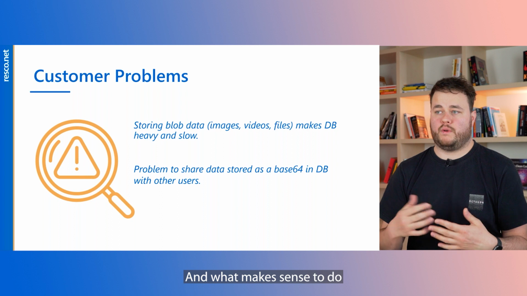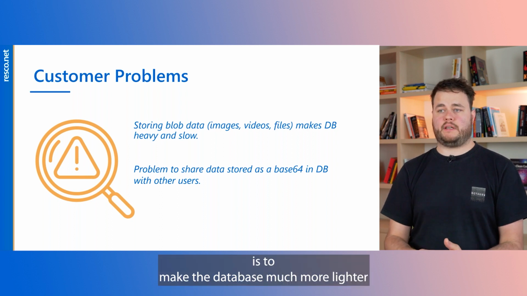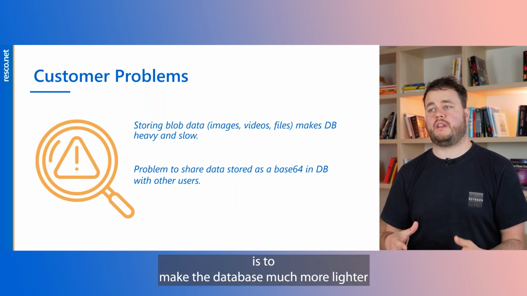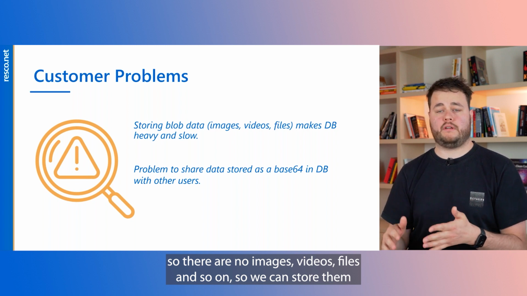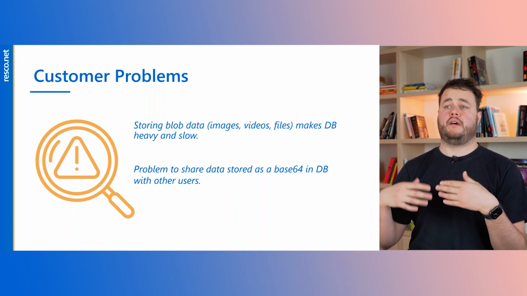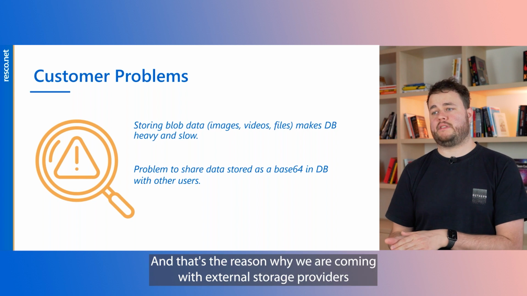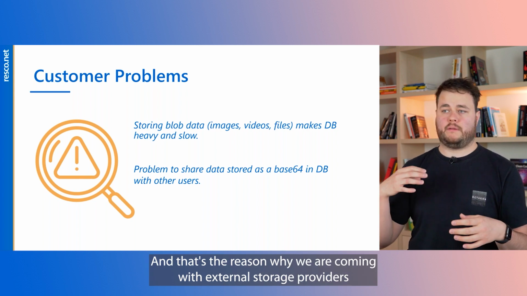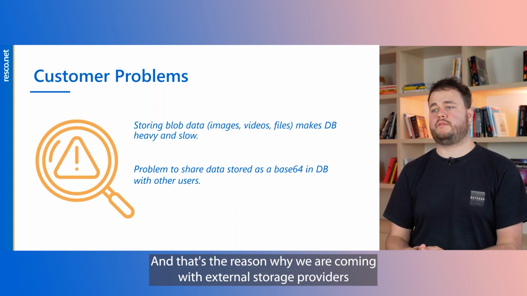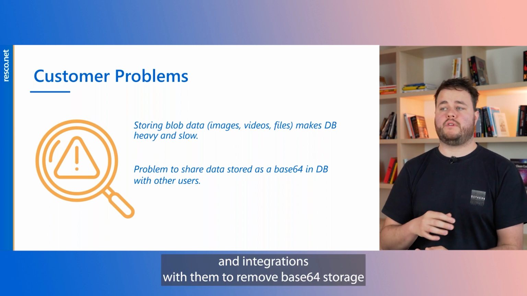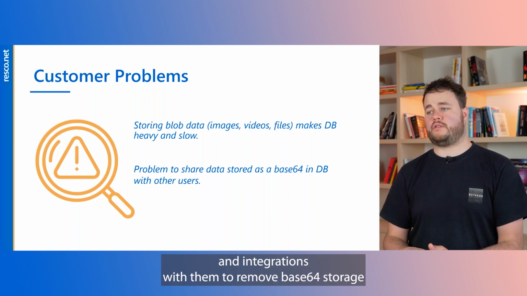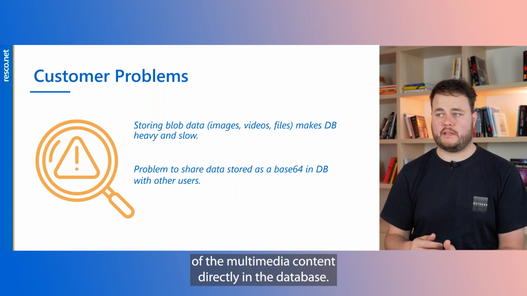And what makes sense to do is to make the database much lighter, so there are no images, videos, files, and so on. So we can store them on external storages. And that's the reason why we are coming with external storage providers and integrations with them to remove base 64 storage of the multimedia content directly in the database.